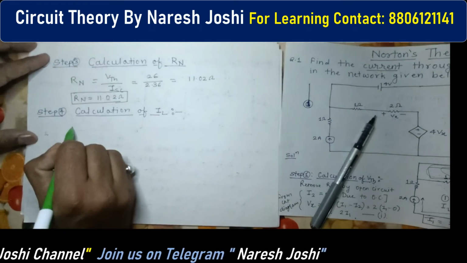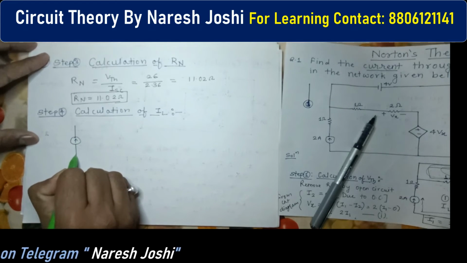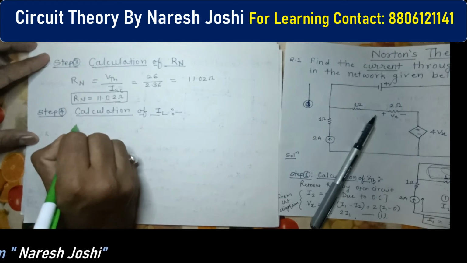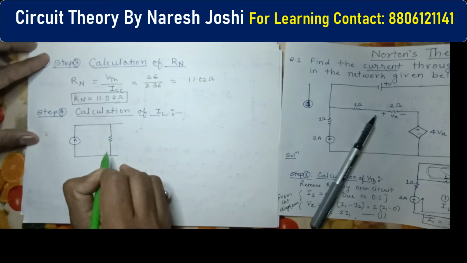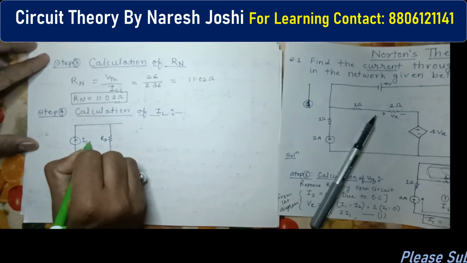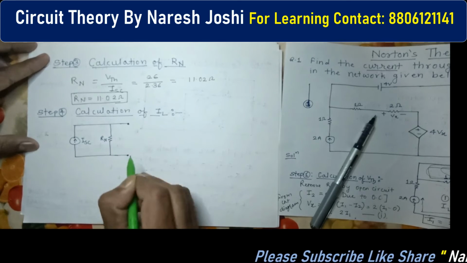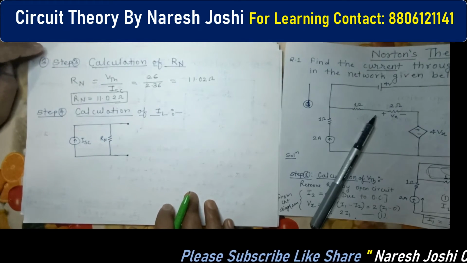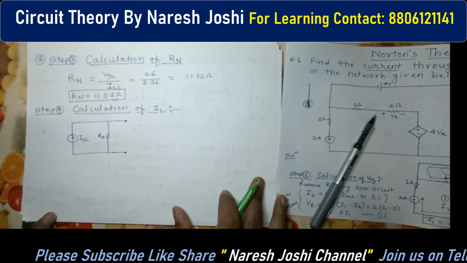This is important: always draw the Norton's equivalent circuit. The direction will be upward here, and this is Rn, and this is your ISC. Remember, only this part is called the Norton's equivalent.